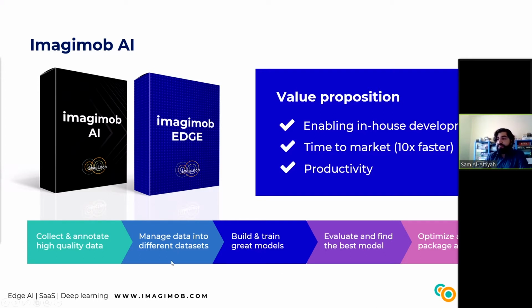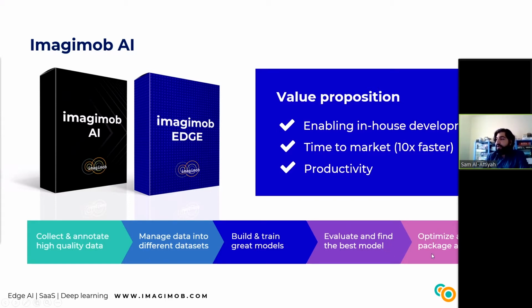And then you get tools to better understand how much data you have, which gives you a better understanding of whether you're in a good state to actually start the model building or if you need to collect more data. Then you can build and train models very easily, and then you evaluate them. And finally, you can very easily deploy these models.